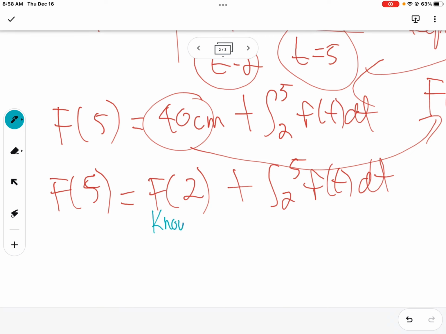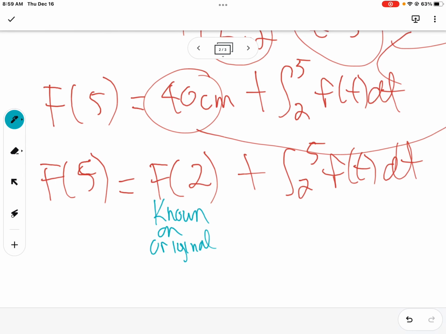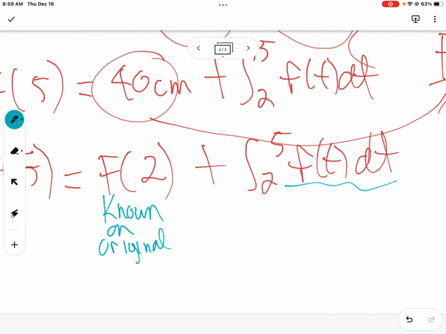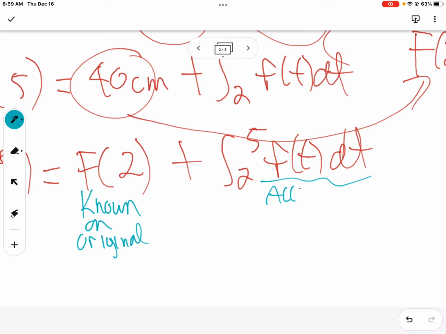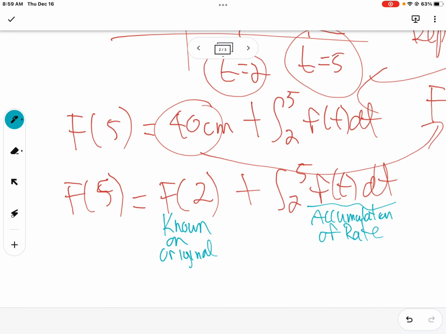So that's a known value on the original, or accumulation function. So in our case, that was our 40 centimeters of snow on the ground. This right here is accumulation of rate. And F at 5 is what you want to figure out.